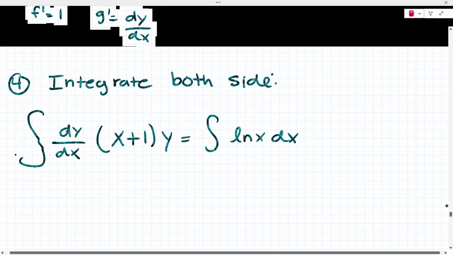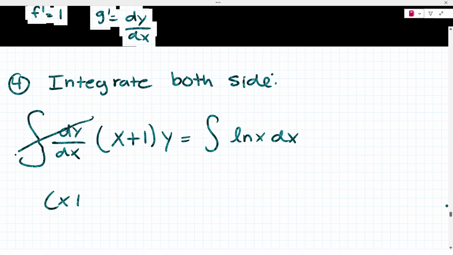Okay, so as you can see, the integration and the derivative cancel, so you're just left with x plus 1 times y. Now, what about the right side? How do we take the integration of ln of x? You have to do integration by parts, right?